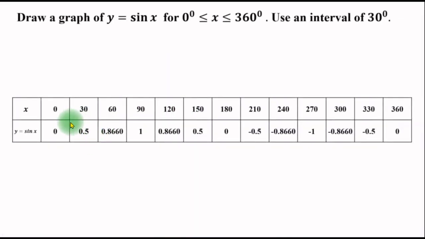In this table, the minimum value of x is 0, the maximum value of x is 360, and for y, the minimum value is minus 1 and the maximum value is 1. That's very important when we draw the graph.